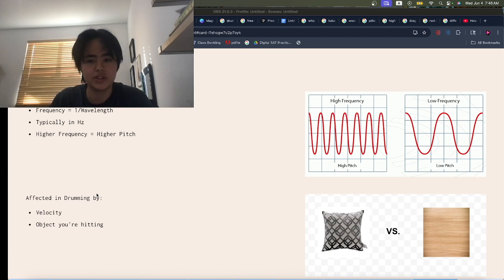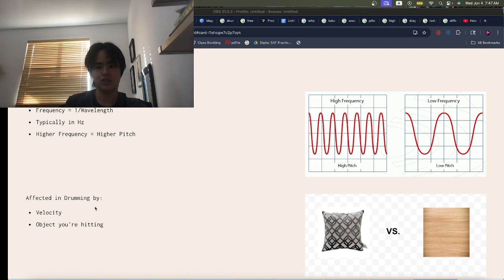The frequency of a sound wave is 1 over the wavelength, so it's inversely proportional, which means a lower wavelength will equate to a higher frequency. You can see here the lower wavelength between each wave will mean a higher frequency, and this is measured in hertz. And a higher frequency will always equal a higher pitch. This is affected in drumming by velocity and the object you're hitting.